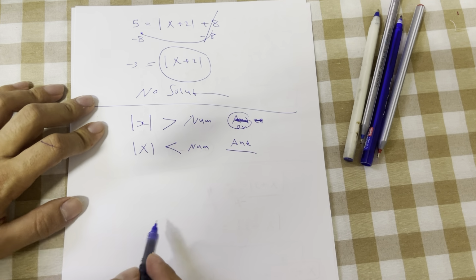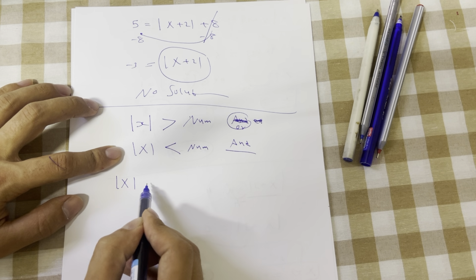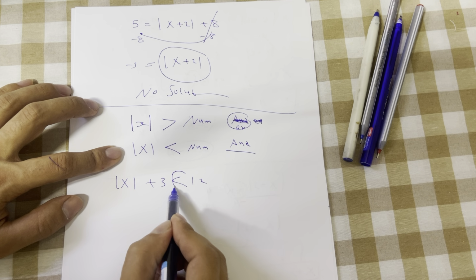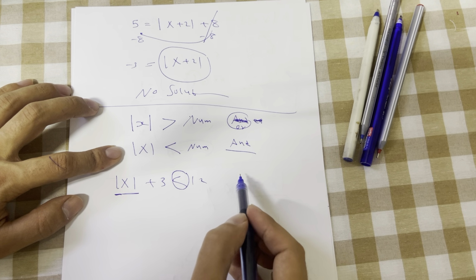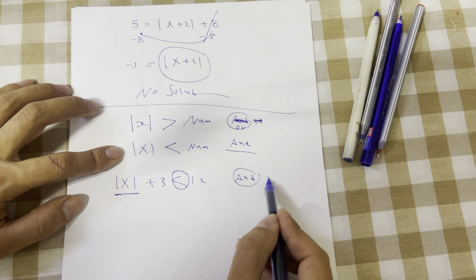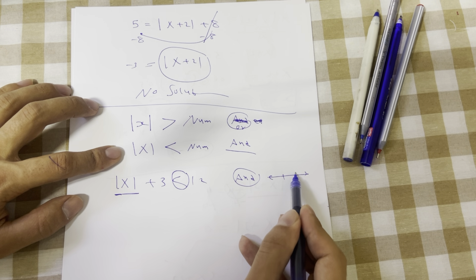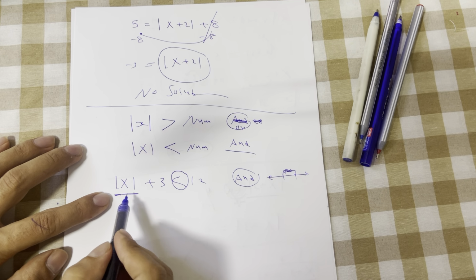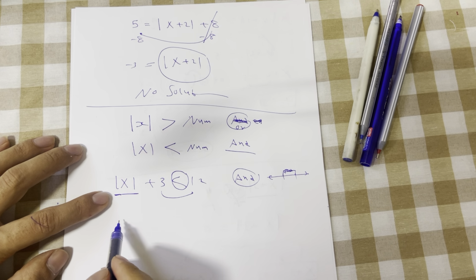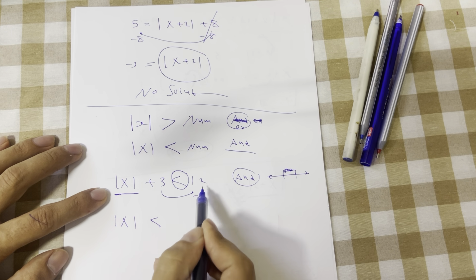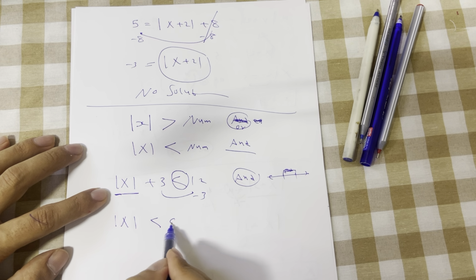Look at it. We have absolute value of x plus 3 less than 12. Because we have less than, it means it is "and". It means we have two numbers and they intersect each other. Let me solve this. I have to move the 3 to the other side, so it will be 12 minus 3, which equals 9.